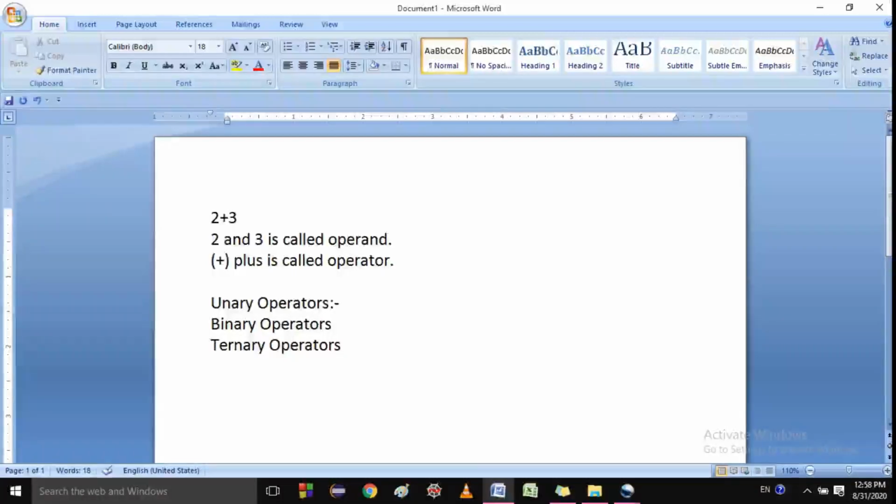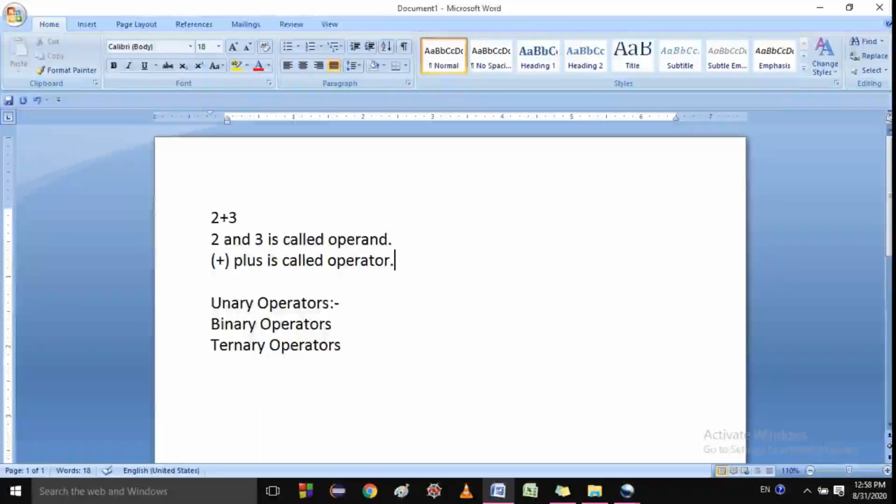You should know this differentiation. An operator is a symbol which works on operands. This is the definition of an operator.